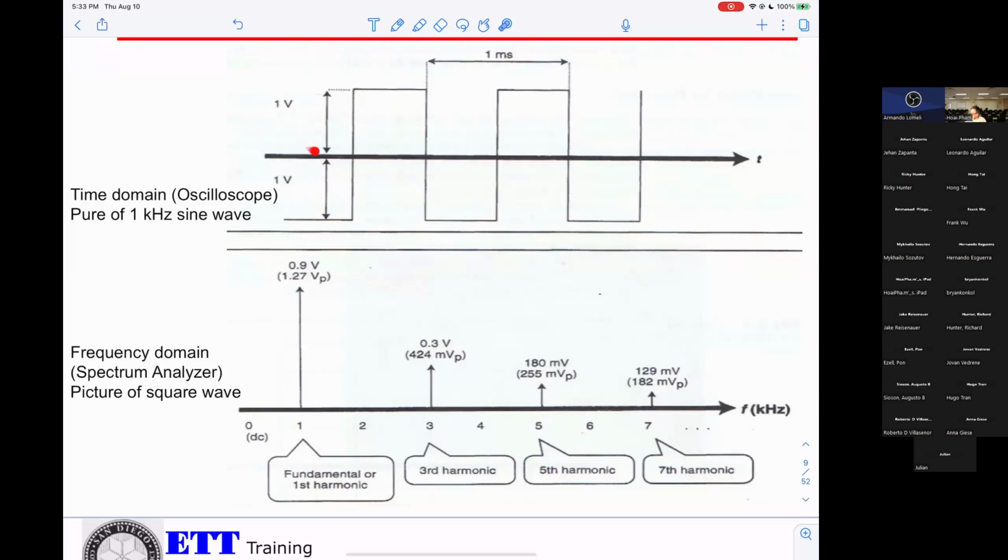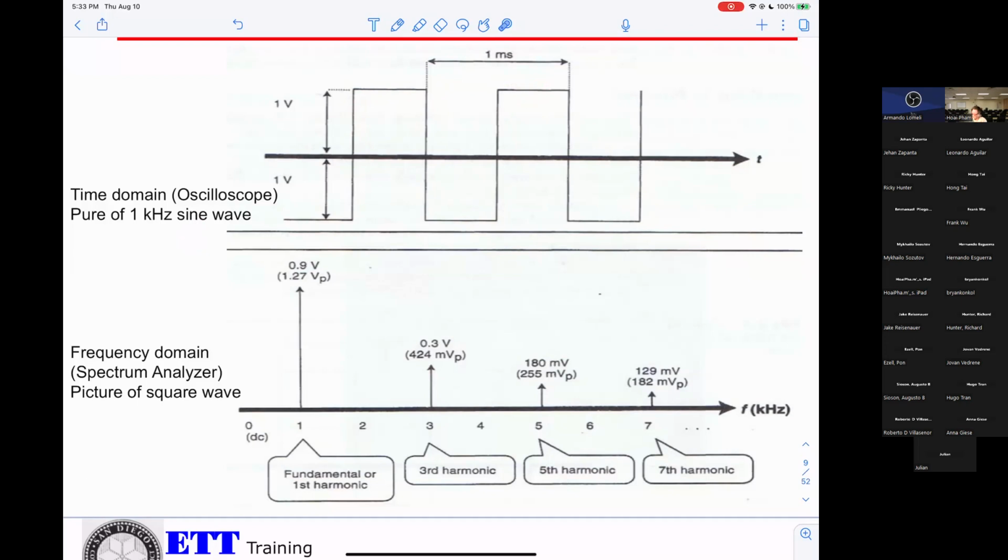This is the time domain, displayed on the oscilloscope. You can see only one square wave with the frequency of 1 kilohertz. So that's why the period will be 1 millisecond.